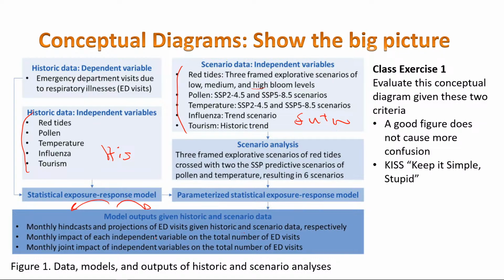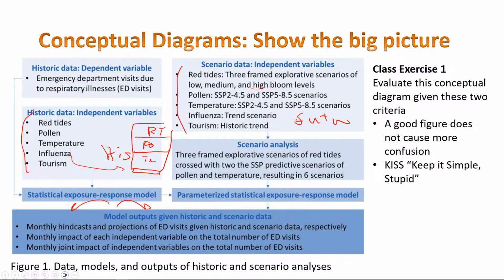Monthly impact of each independent variable on the total number of ED visits. Let's say this is the total number of ED visits. I want to see how much is due to red tides, how much is due to pollen, and maybe the rest is due to temperature, and maybe a small amount is due to these two. So I want to see the contribution of each one.